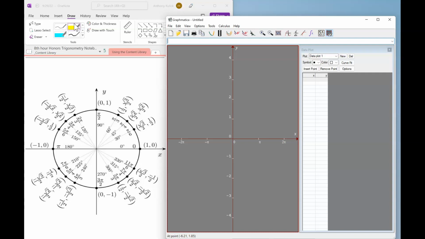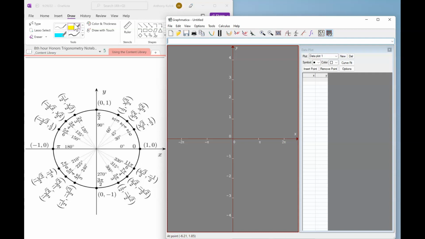If I'm graphing y equals sine x, the inputs to my sine function are angle measures, and the outputs are going to be the corresponding y coordinate from the unit circle. Is everybody good with that?